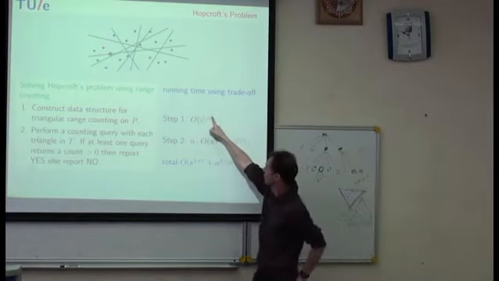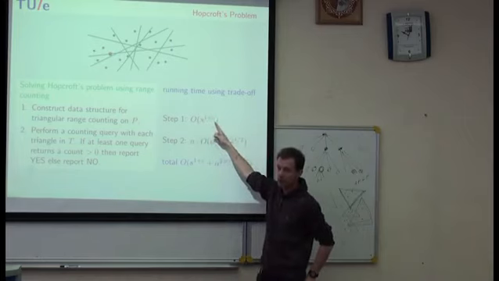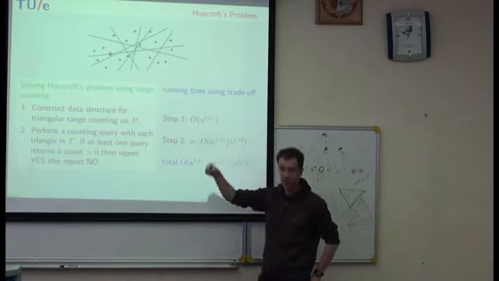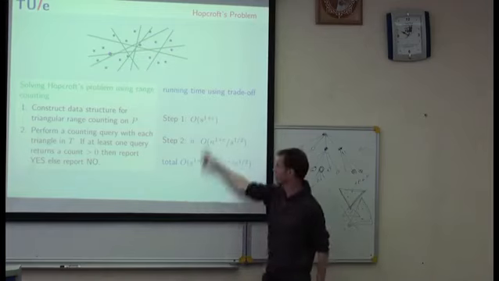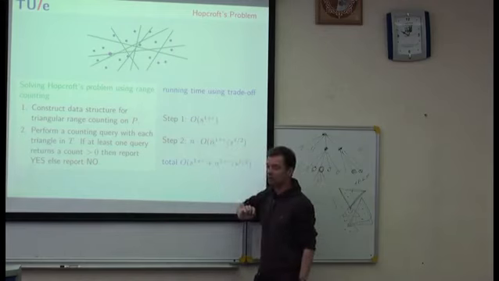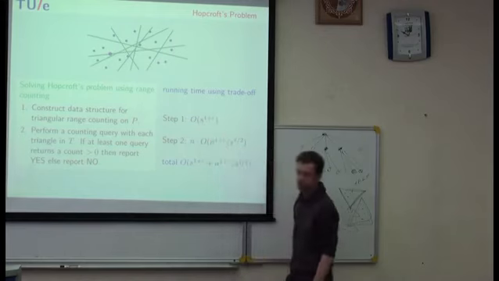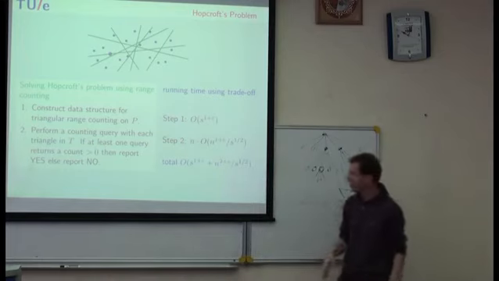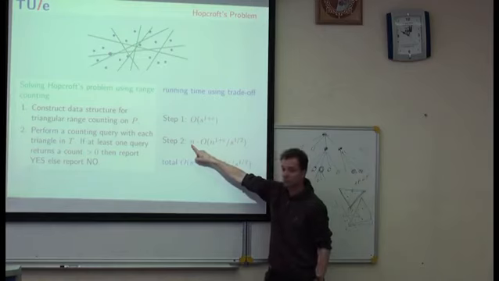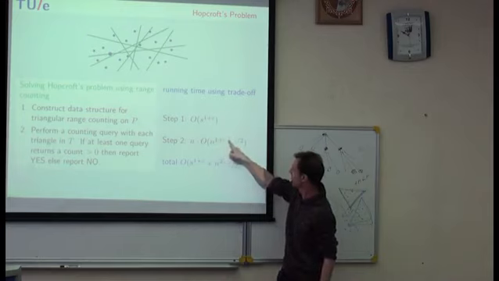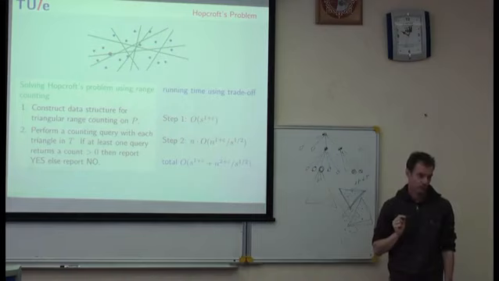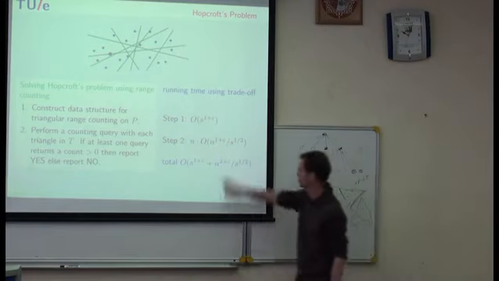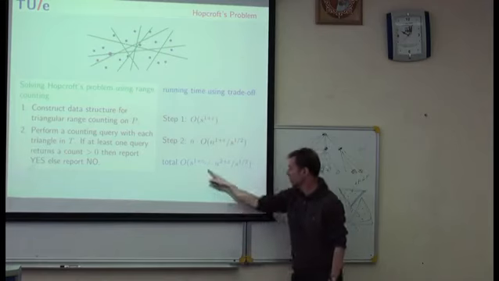Well, I used this much storage, and I didn't explain, but you can also construct it in that much time. So constructing the data structure takes basically S to the 1 plus epsilon time. For the queries, I take n queries, each of them took n to the 1 plus epsilon divided by S to the power 1/2. Okay, so the total time is simply this plus this, which is what is written here.